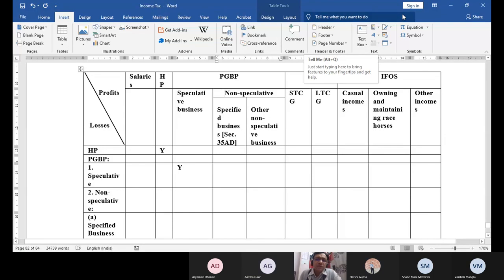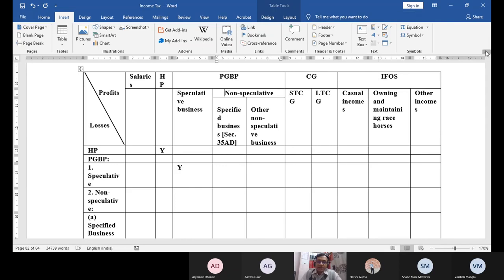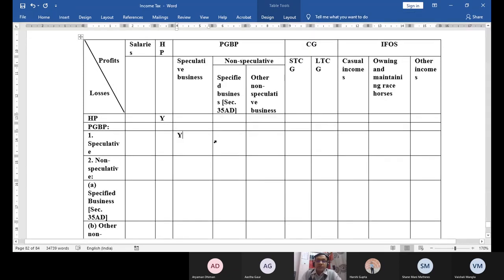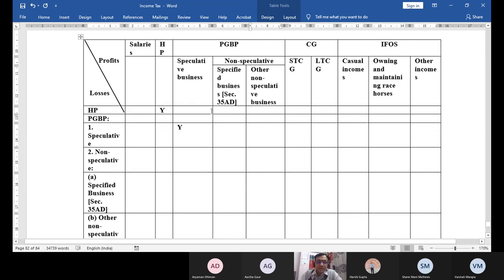Anyhow, now even within intra-head, speculative business losses have some restriction. These cannot be adjusted against non-speculative business incomes. So even within intra-head, house property was a very simple concept that negative income of house property can be adjusted against positive income of other property, but speculative business loss of PGBP can be adjusted only against speculative business positive. It cannot be adjusted against non-speculative business incomes.